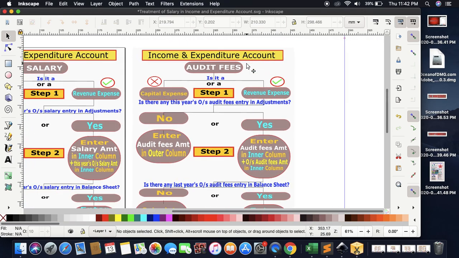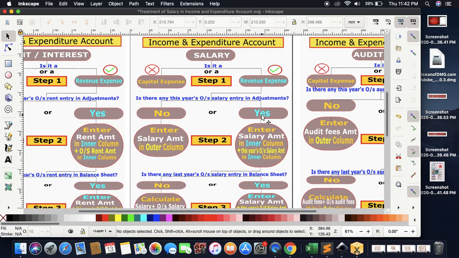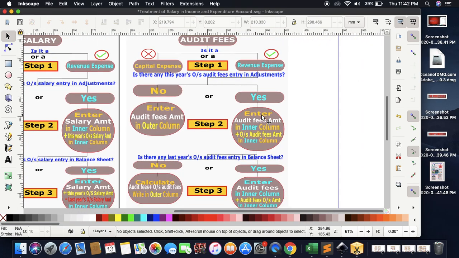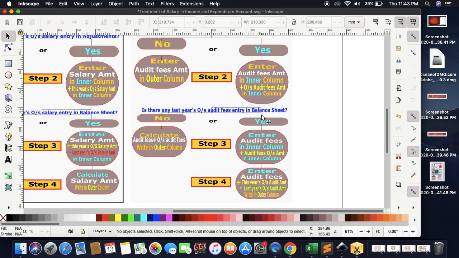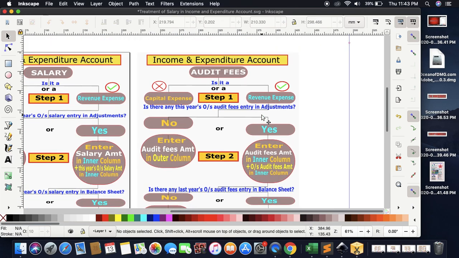So, the reason I have separated them is you will find this expense in the payment side of the receipts and payments, and then you will find adjustments. There will be outstanding audit fee or salary or interest or rent given in the adjustment also, and then you will also sometimes have it in the balance sheet as outstanding. So that's the reason I've separated this.